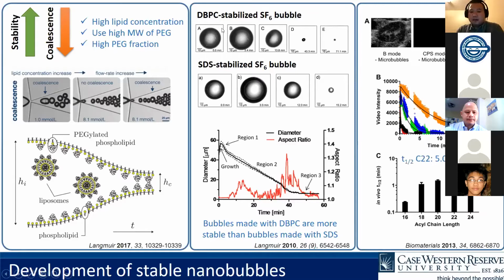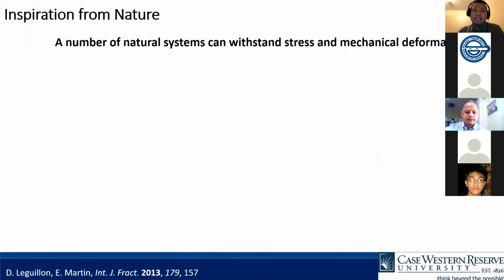Among the phospholipids, the one with a 22 carbon chain shows the longest in vivo half-life. So we can combine all this knowledge to develop our stable nanobubbles, but we can extend that stability by gaining inspiration from nature. So there's a number of natural systems that can withstand stress and mechanical deformations.